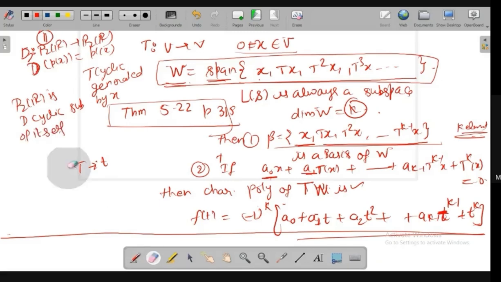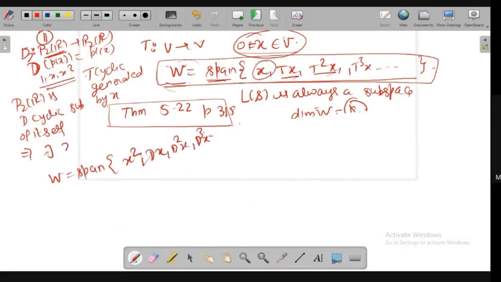It means there exists a non-zero element in this vector space whose spanning set is the whole vector space. For example, we can take an element x square belonging to the vector space P2(R), and this will be V, because if we take D of x square and so on, that is the spanning set of x square.